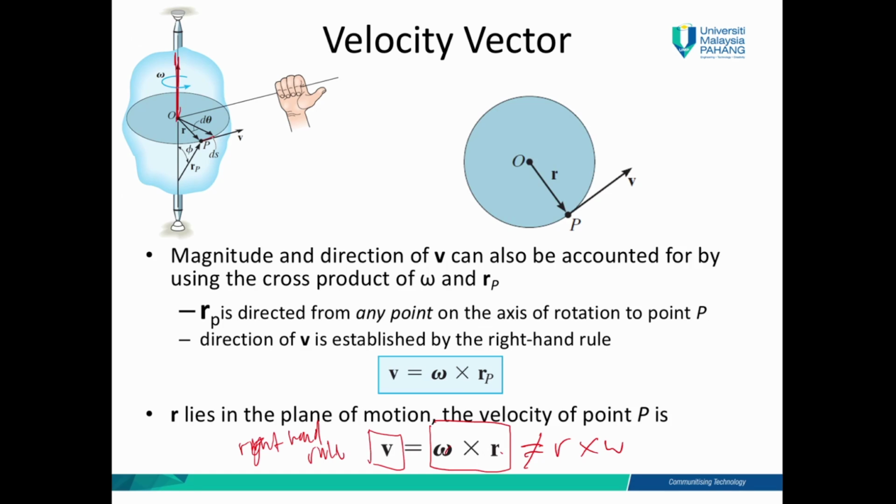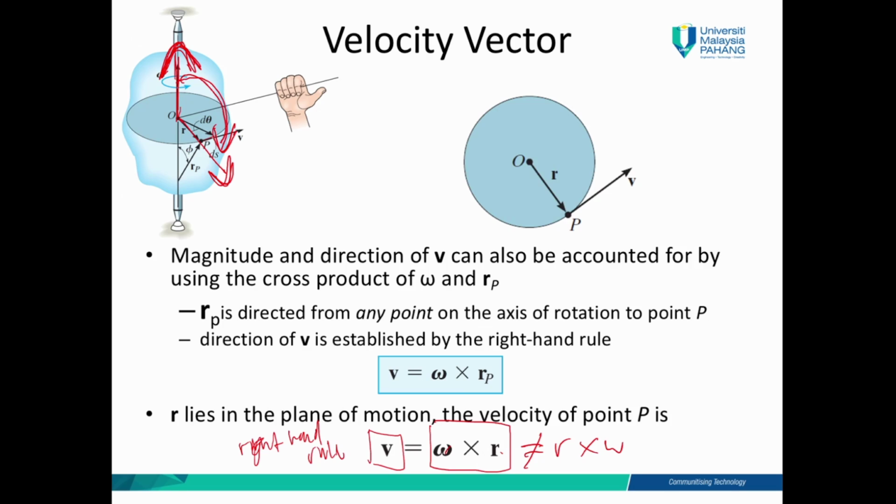The direction of omega is in this direction, the axis of rotation. r is in this direction. So using the right hand rule, from omega to r, it is in this direction. Using your four fingers, you point them in this direction.